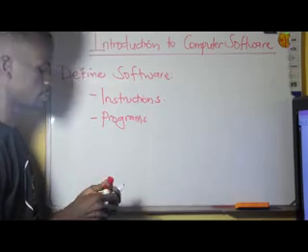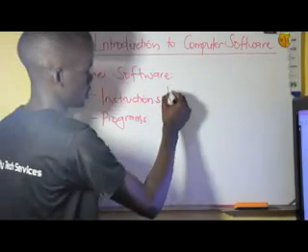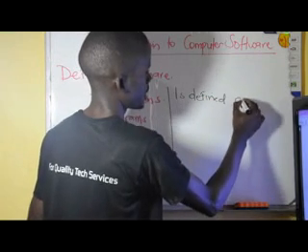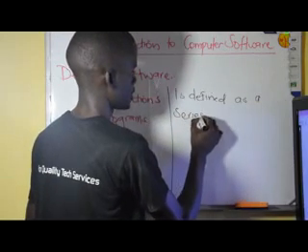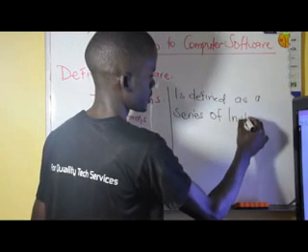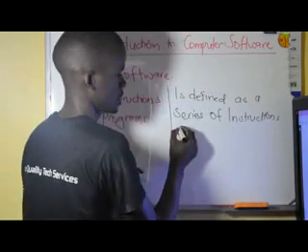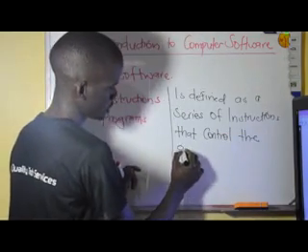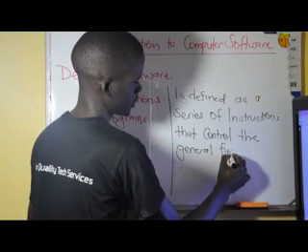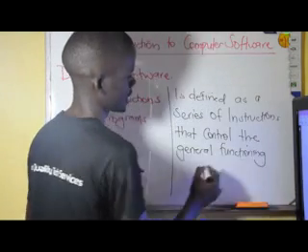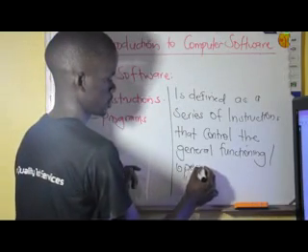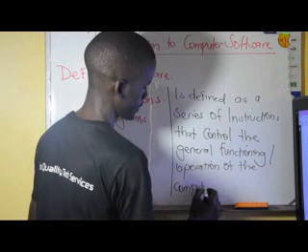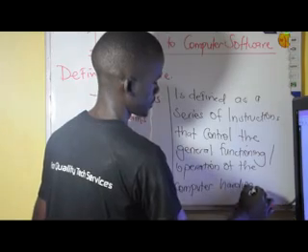Therefore, we come up with a definition: software is defined as a series of instructions that control the general functioning and operation of the computer hardware.